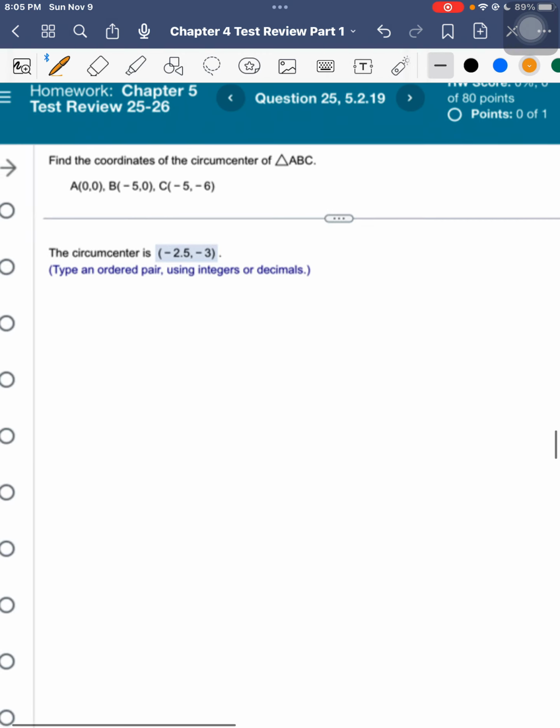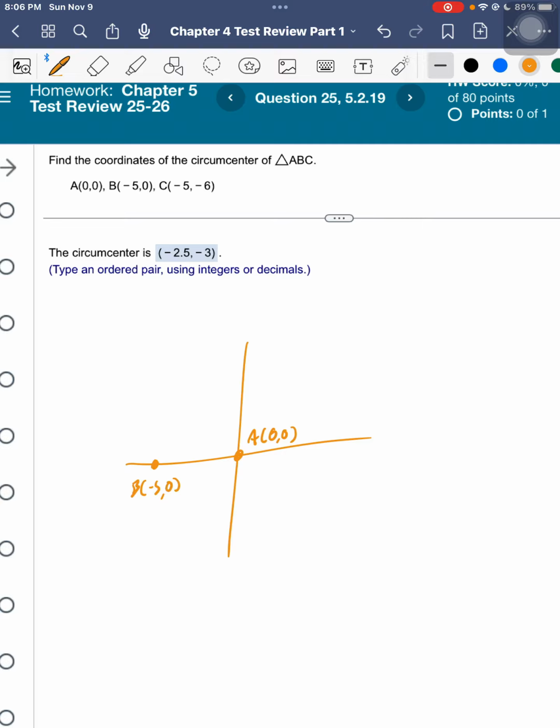Okay, so: find the coordinates of the circumcenter of triangle ABC. When you see a question like this, you should draw it. So we're going to draw A is 0, 0, B is -5, 0, and C is -5, -6.